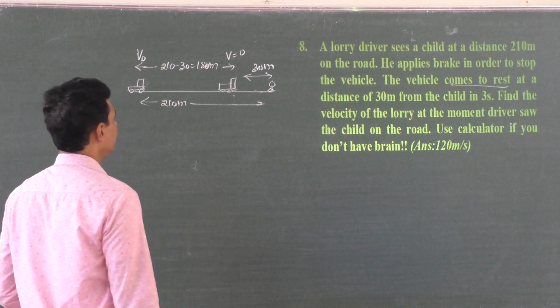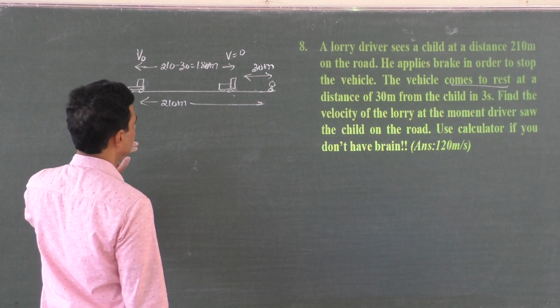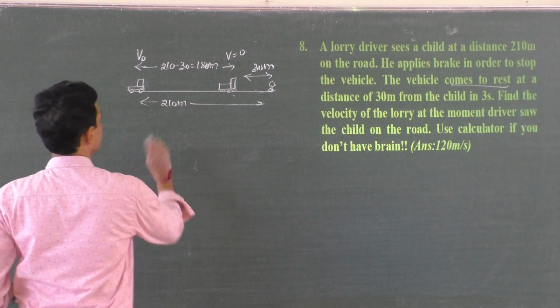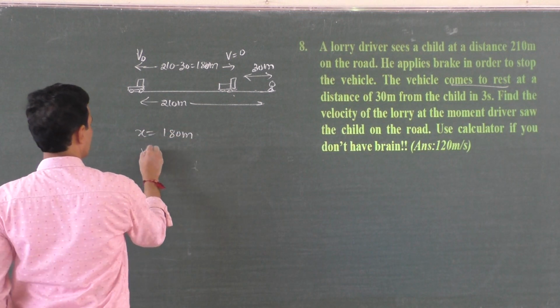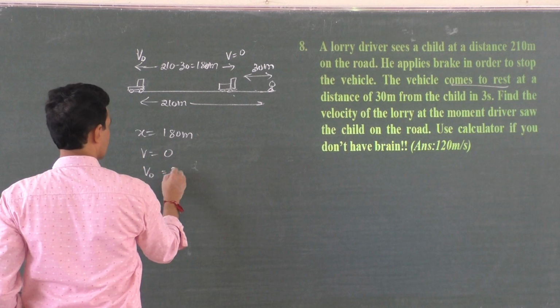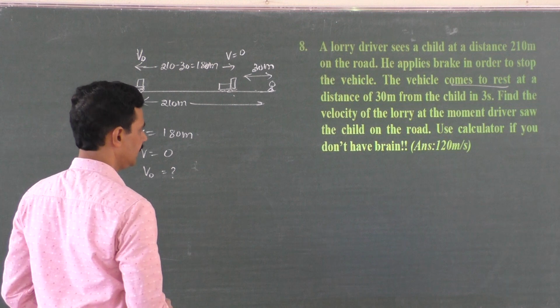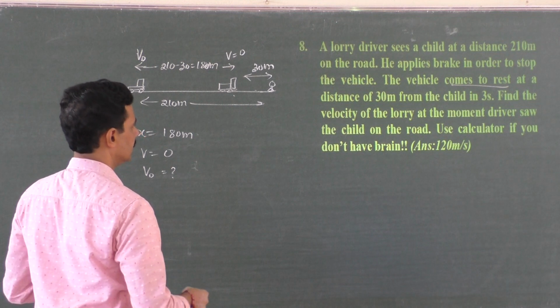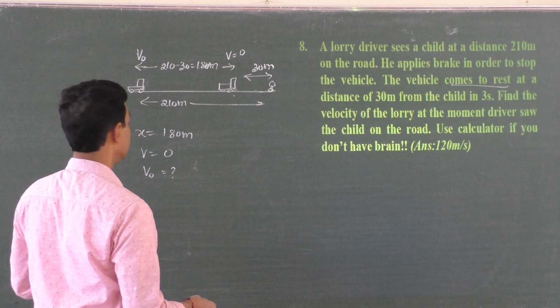Okay, you can solve this without a calculator. We'll list the data. Distance traveled 180 meters. Final velocity 0. Initial velocity question mark. And what else is given? In order to stop the vehicle, 30 meters from the child, and 3 seconds.